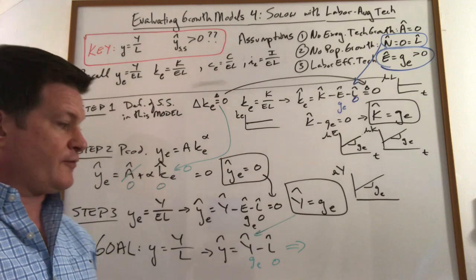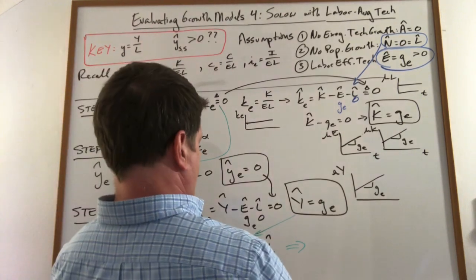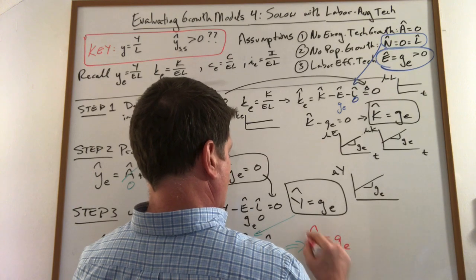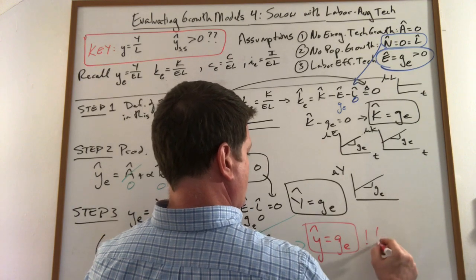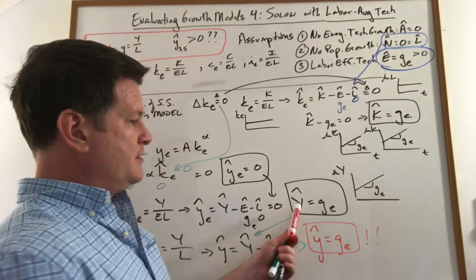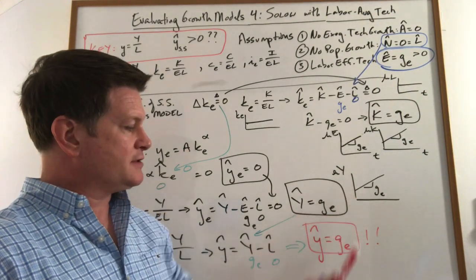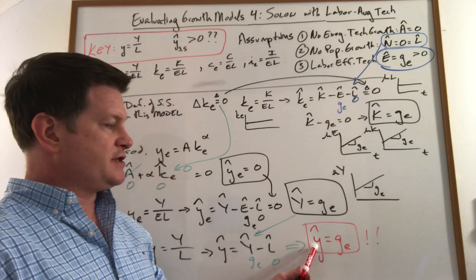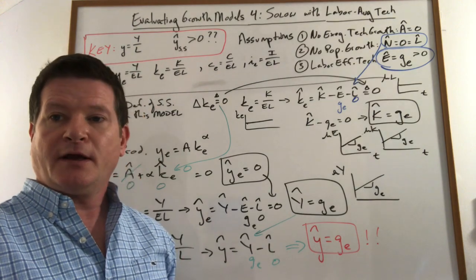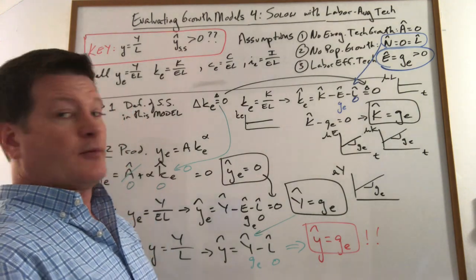So let's use red. We've got total GDP growing at a constant rate, and so GDP divided by a constant workforce is also growing in this model with labor augmented technology.